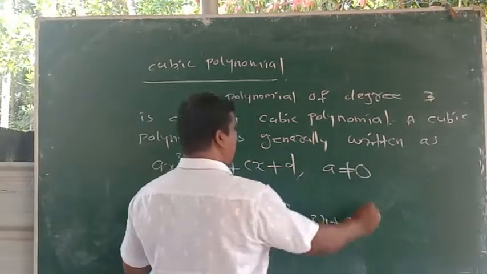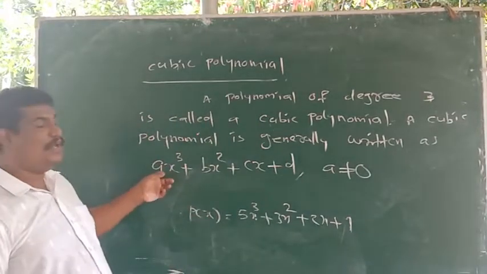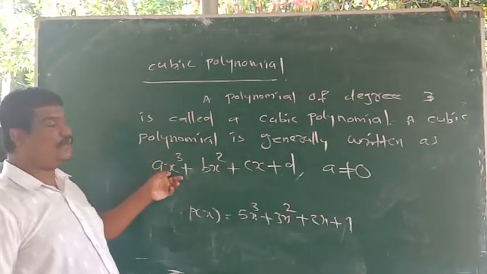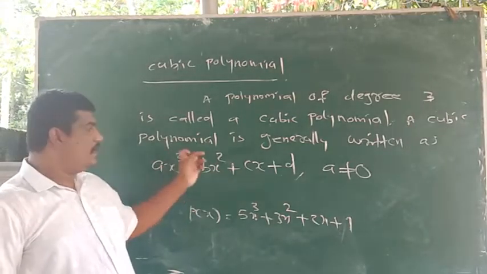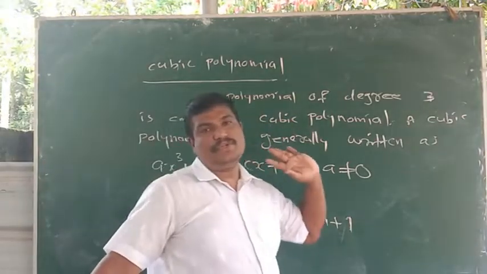If a equals 0, the x cube term is fully 0, so the degree becomes 2. So it is a quadratic, not cubic. Okay, compulsory a not equal to 0.